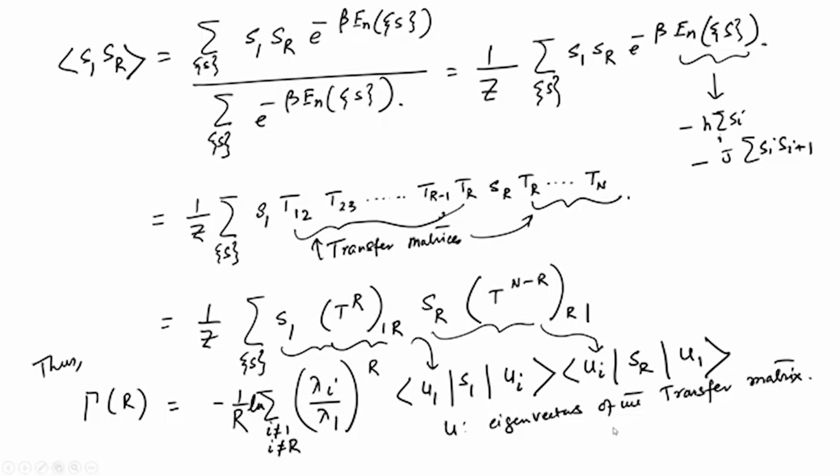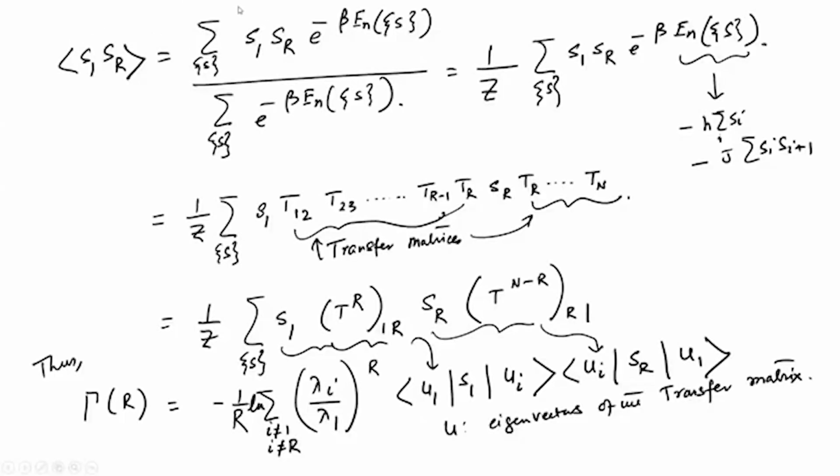We just need to now calculate the lambdas and the u's, but you see this one will only peak when I equals 2. That is the neighboring site where the correlations will be maximum. So, this gamma R has a maximum value when your I is equal to 2, which is the nearest neighbor of 1.